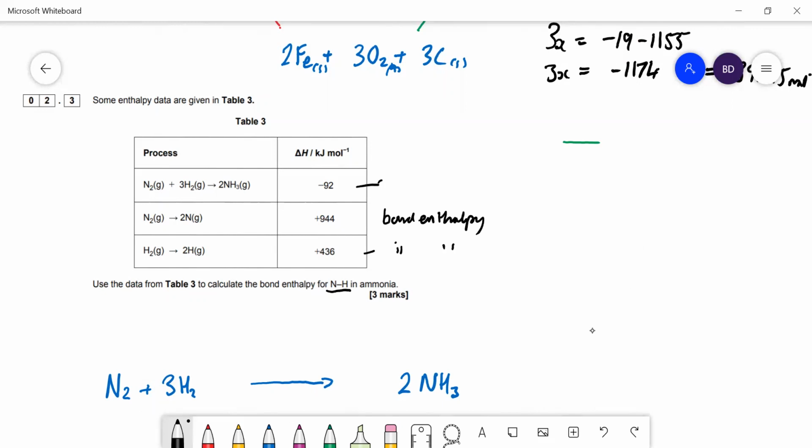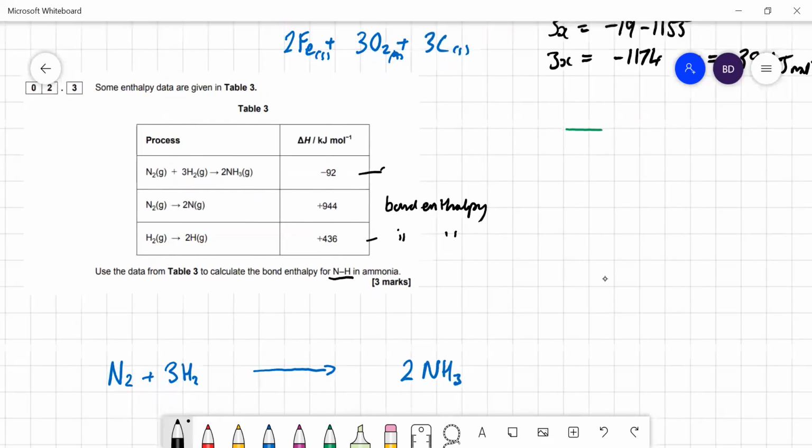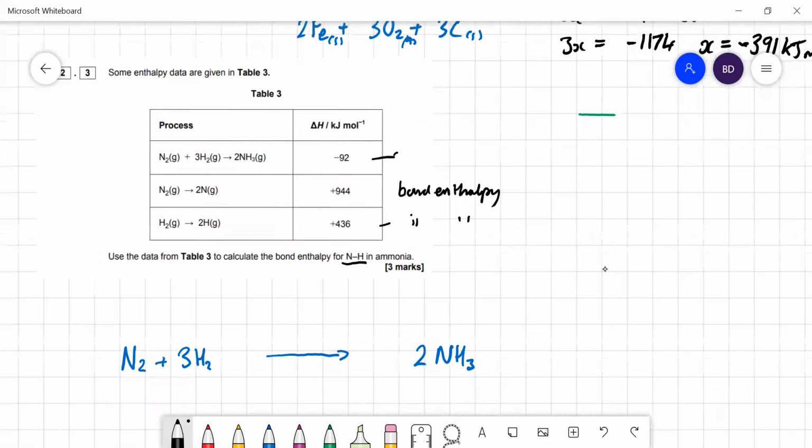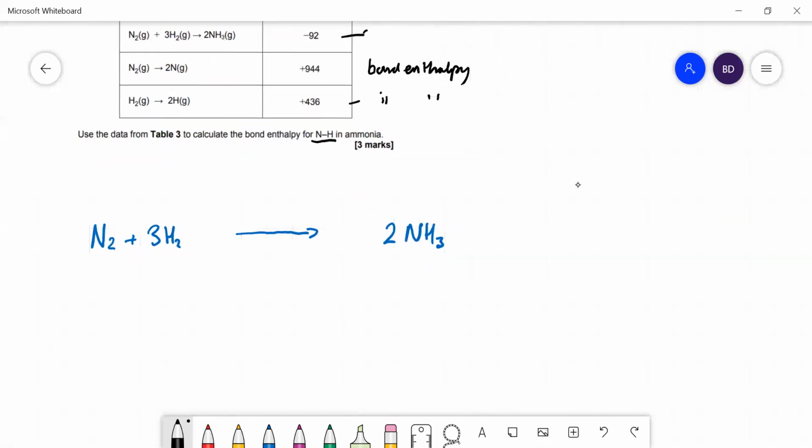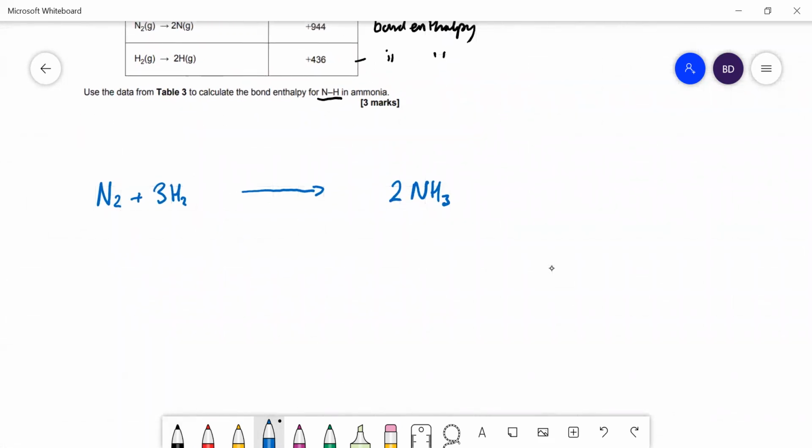Right, so if we're thinking what kind of cycle do we want, well, we've got bond enthalpies. It's a good idea to write down here the gaseous atoms. Okay, so I'm going to have 2 nitrogen gas atoms and 6 hydrogen gaseous atoms. Just to remind ourselves what the bonds are like here, so I'll just sketch it in.